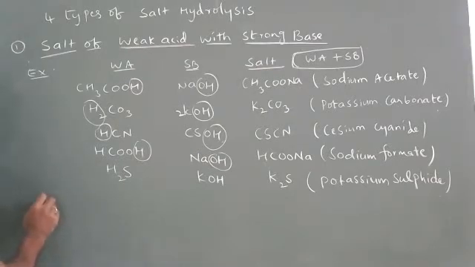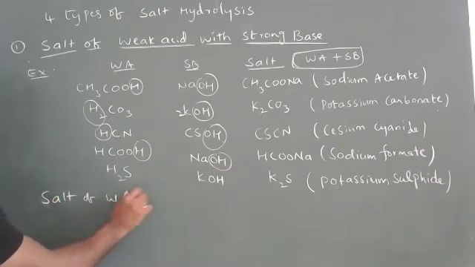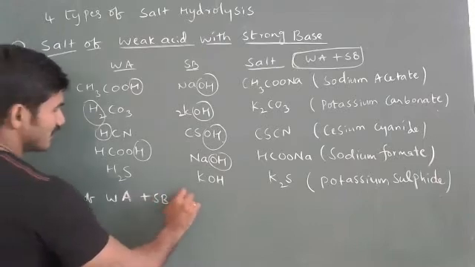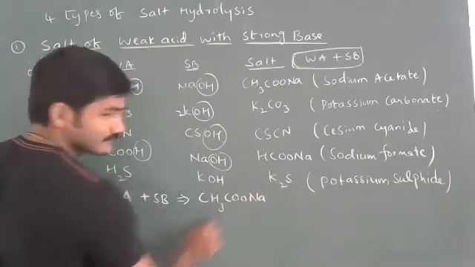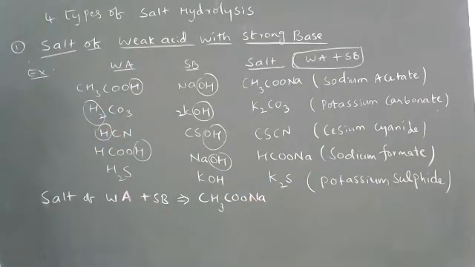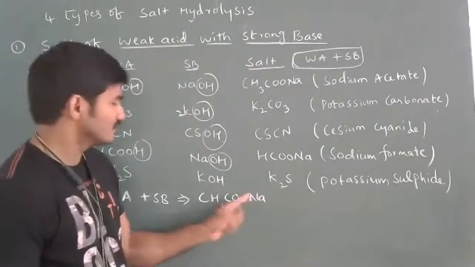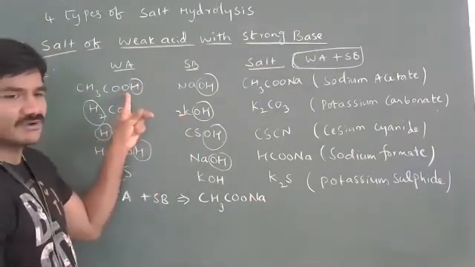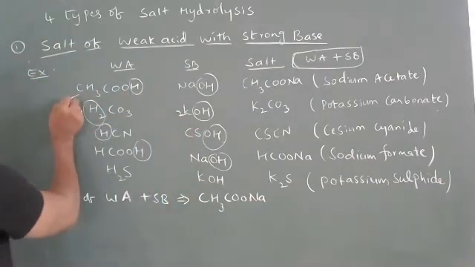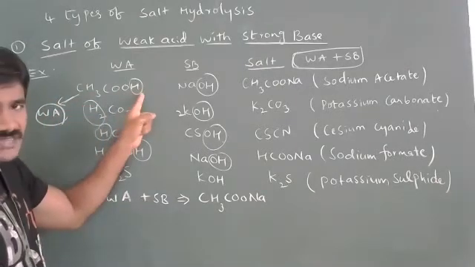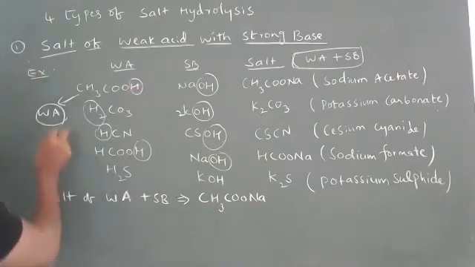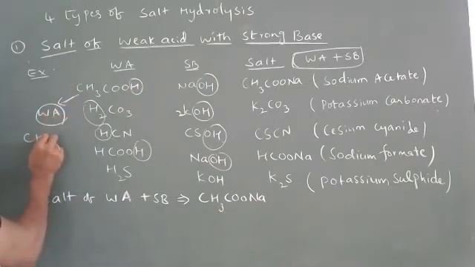I am taking the example salt of weak acid and strong base as sodium acetate. CH3COOH is a weak acid. After removing one H plus, it becomes CH3COO minus.